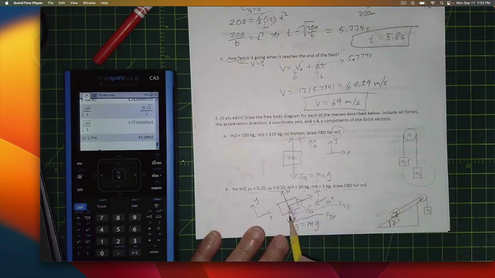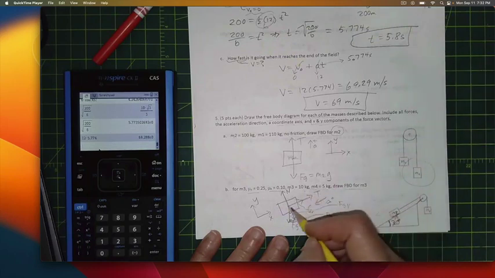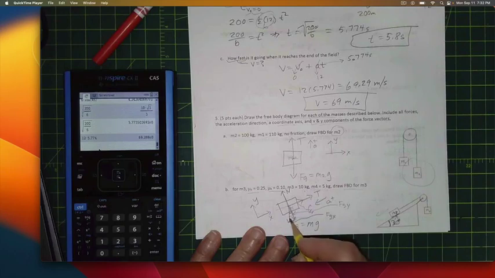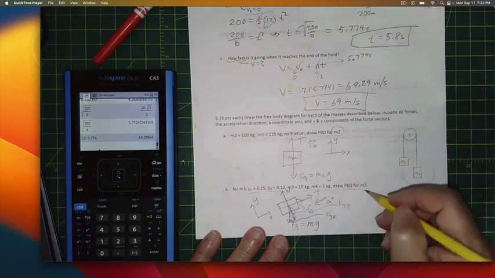If we had the surface flat here, we have a 30 degree angle.